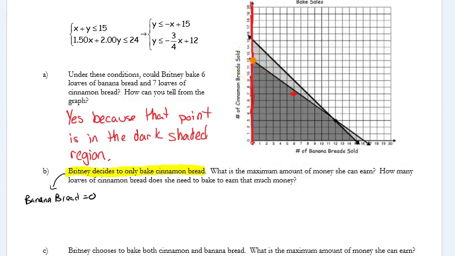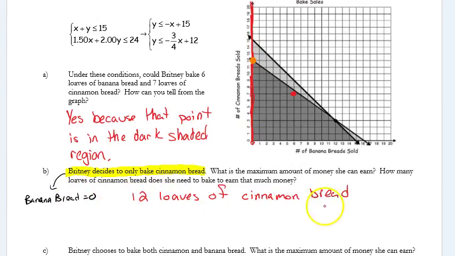That point is representing the solution to this system, because 0 banana bread, 12 cinnamon bread, that's the most we can possibly make and still be in the clear for the amount of money that we're going to make. So 0 banana bread would be 12 loaves of cinnamon bread.